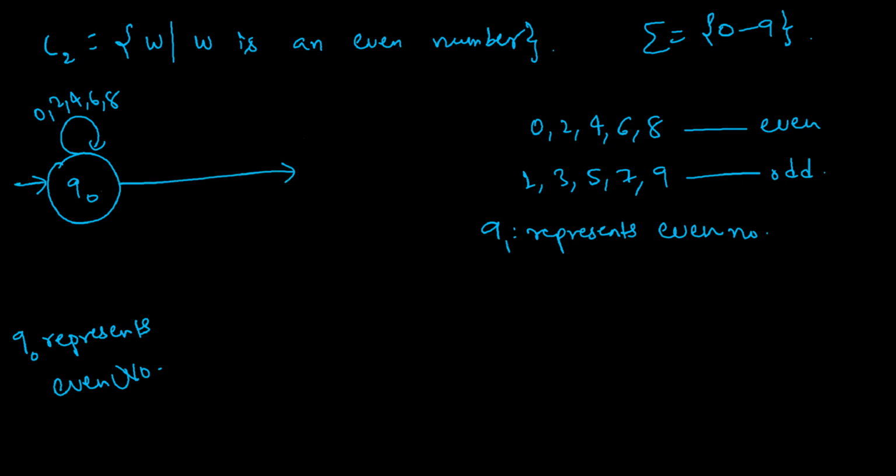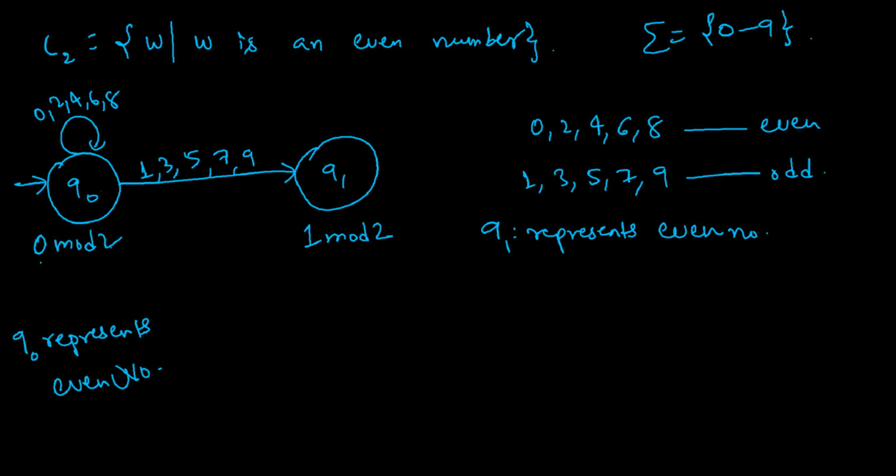Q0 represents even number, which means it is 0 mod 2. Now from 0 mod 2, if you get 1 or 3 or 5 or 7 or 9, you will go to Q1, and it is 1 mod 2.